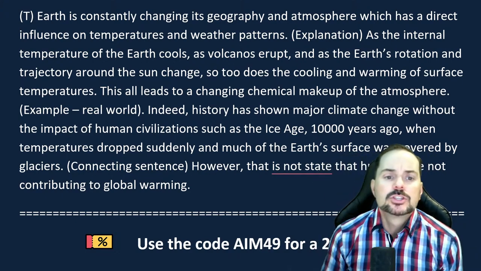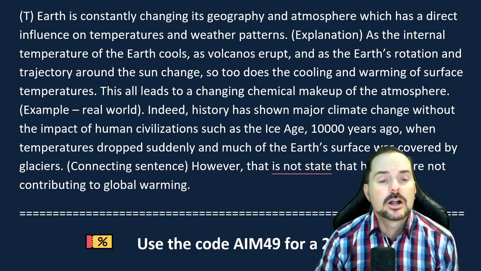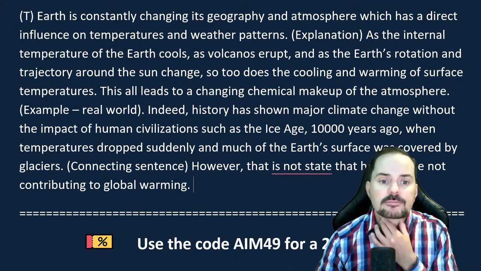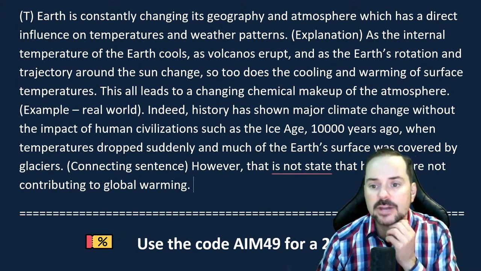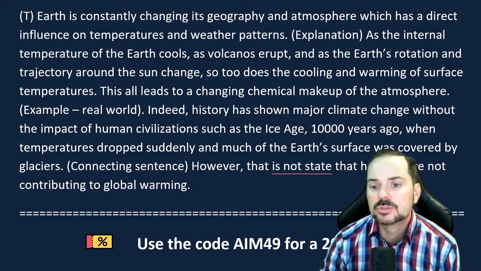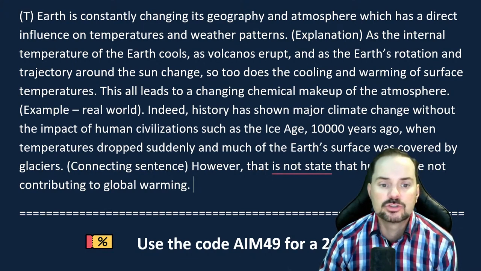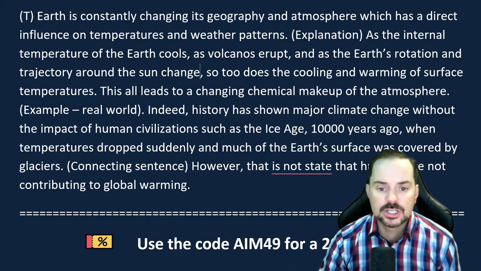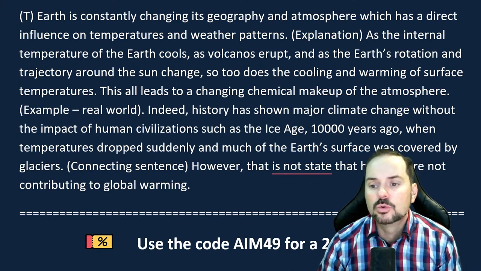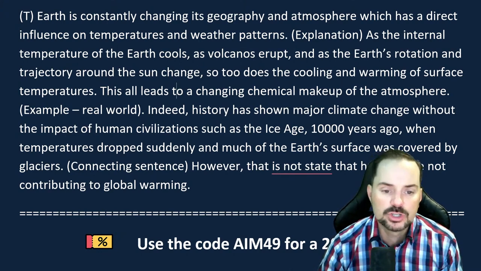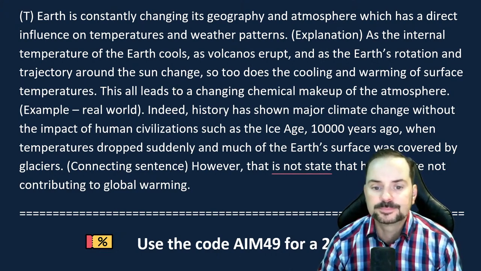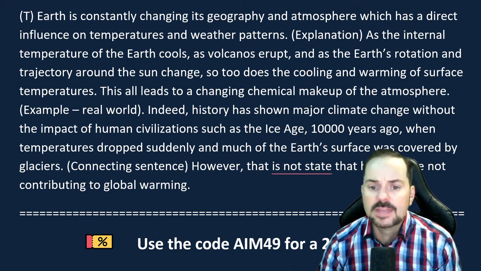Okay, so Earth is constantly changing its geography and atmosphere, which has a direct influence on temperatures and weather patterns. As the internal temperature of the Earth cools, as volcanoes erupt, and as the Earth's rotation and trajectory around the sun change, so too does the cooling and warming of surface temperatures. This all leads to a changing chemical makeup of the atmosphere.